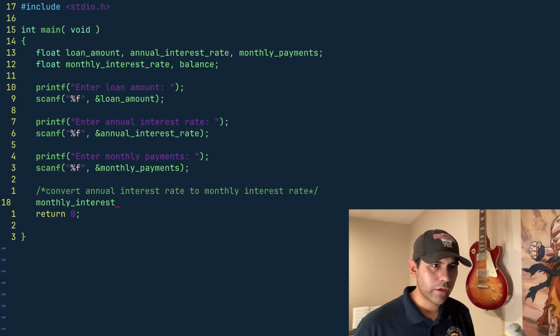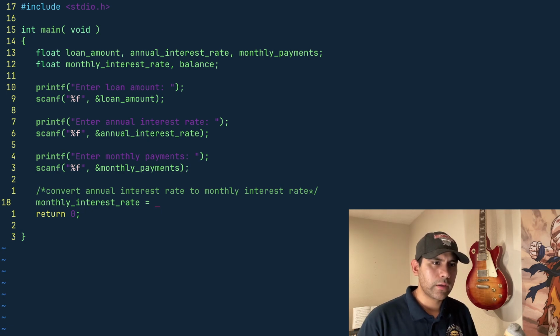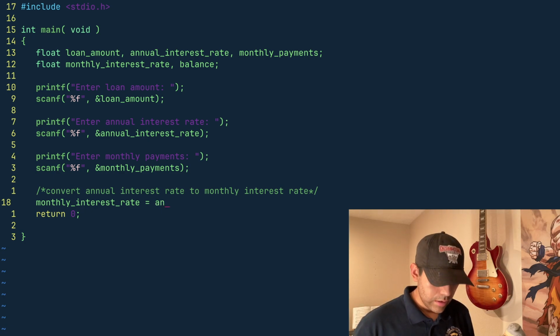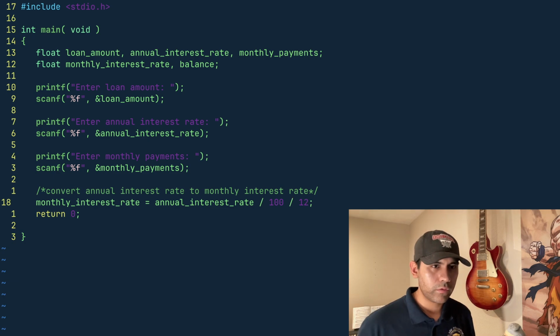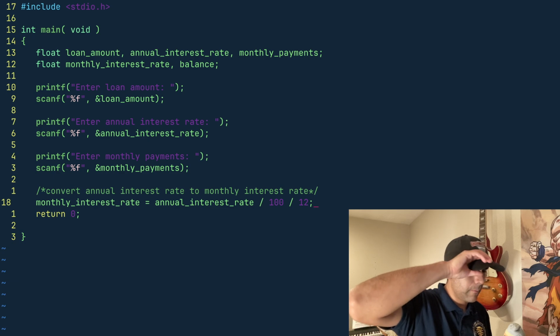You know, the only bugs I'm going to catch are these words written really badly. Gotta write them the same. I don't know why I chose these words. Equals annual interest rate divided by 100 divided by 12. I think that should work, right? Monthly. Okay, that should work.